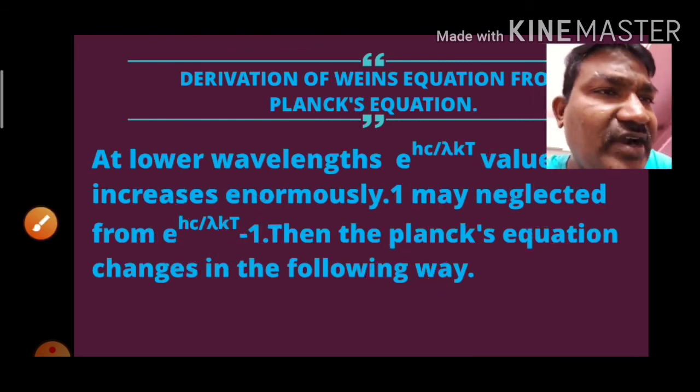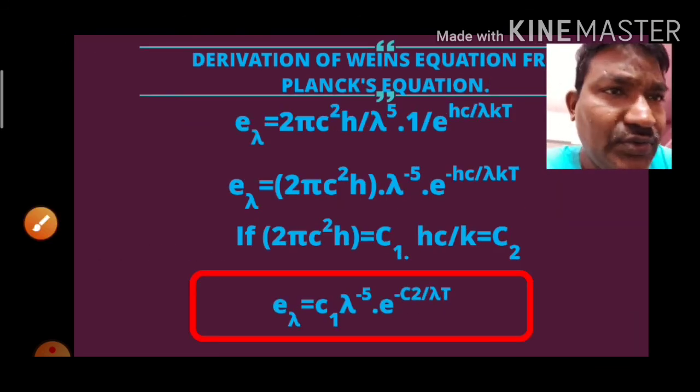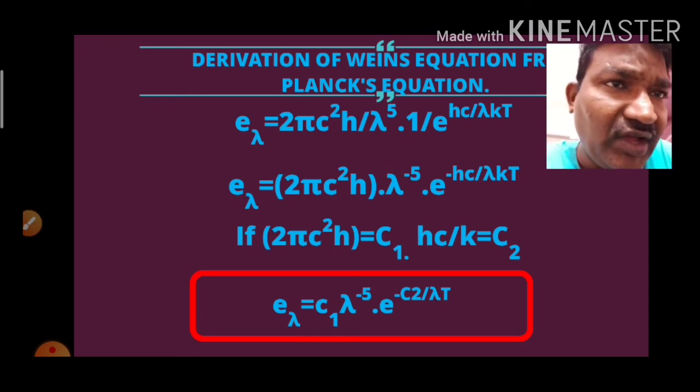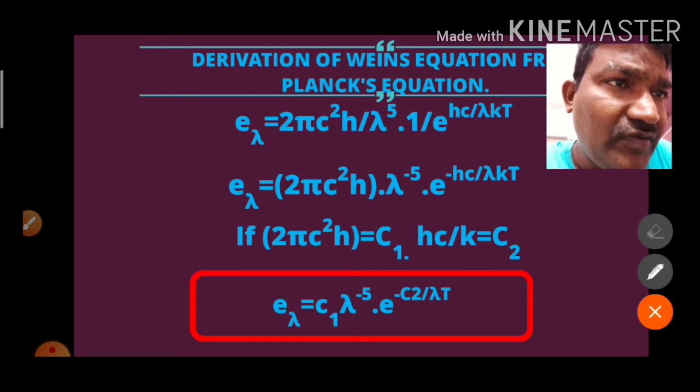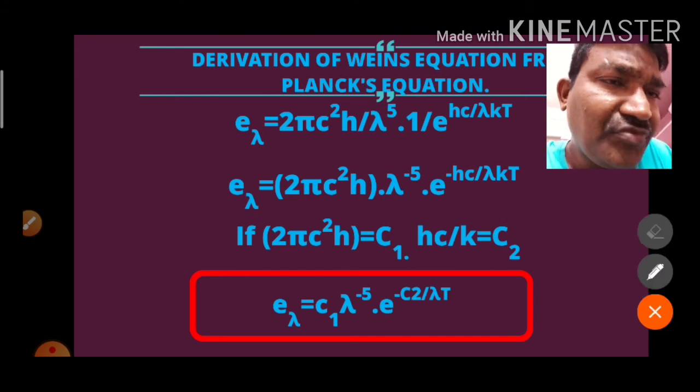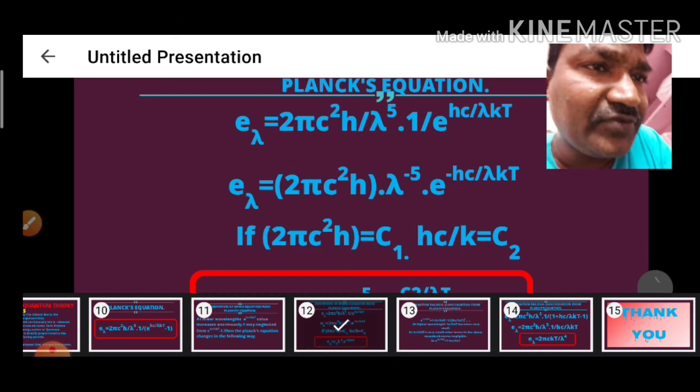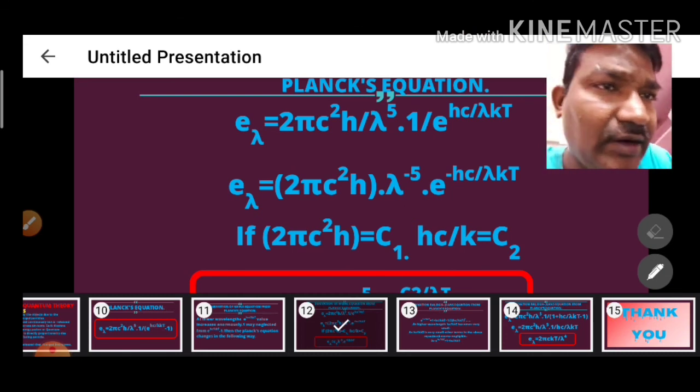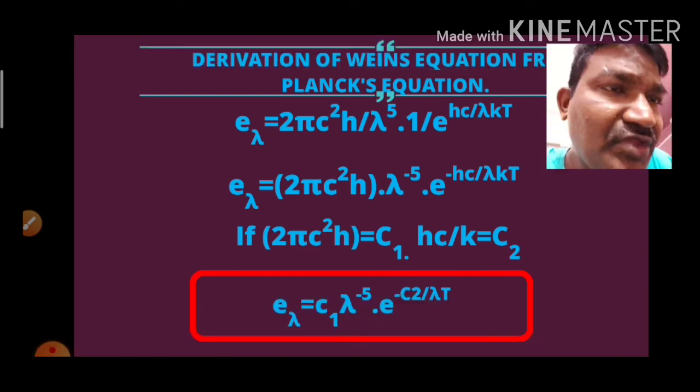So as a result, look here, we have removed the minus 1, and we get this equation. When we take lambda to the power of 5 to the upside, it becomes lambda to the power of minus 5.